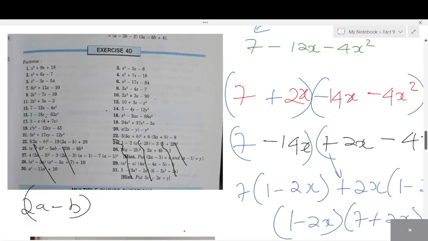Okay, if you are done with this, they have given one question in the exam. They have given the 19th one.